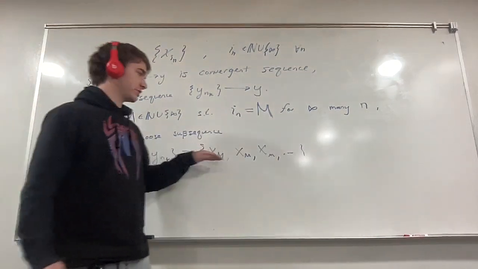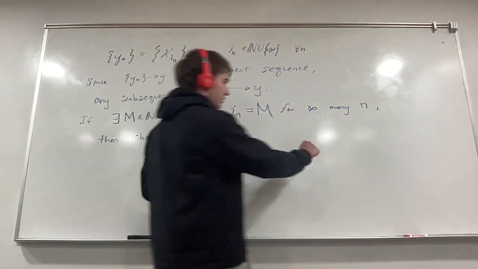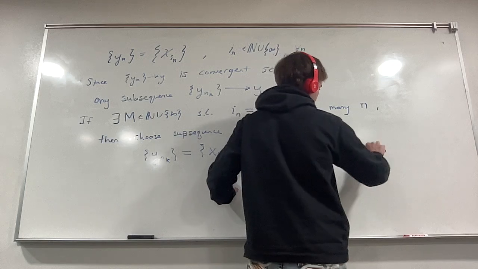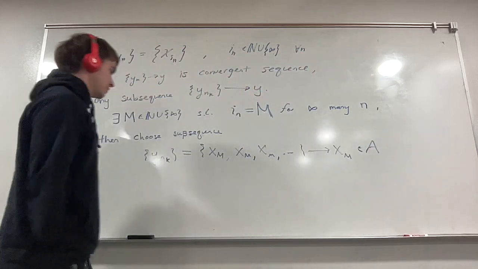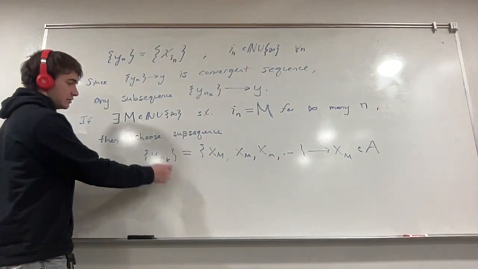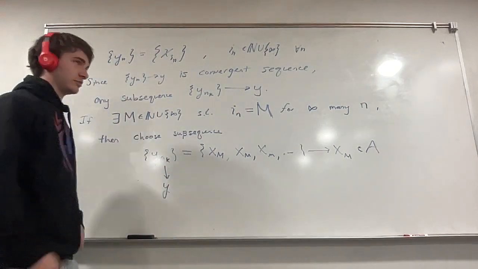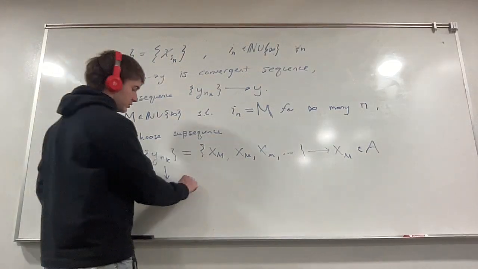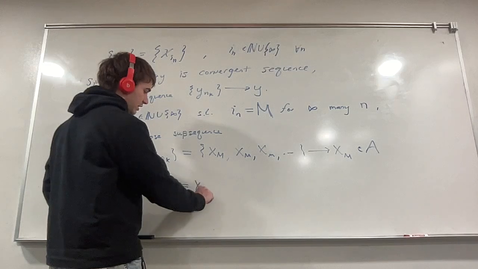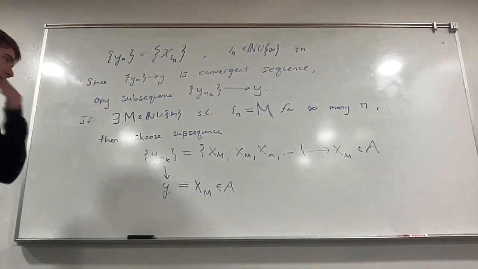And this is going to converge to x sub m, which is in A. And so we conclude that since the limit of the subsequence has to equal the limit of the original sequence, y is equal to x sub m, which is in A, as desired.